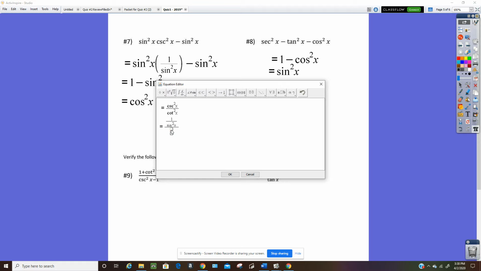Cosecant squared is 1 over sine squared. Cotangent squared is cosine squared over sine squared.